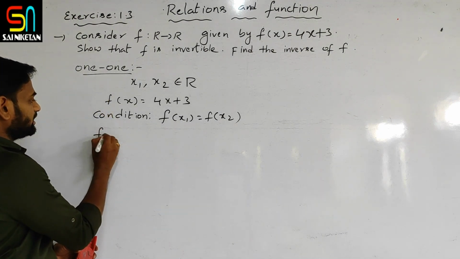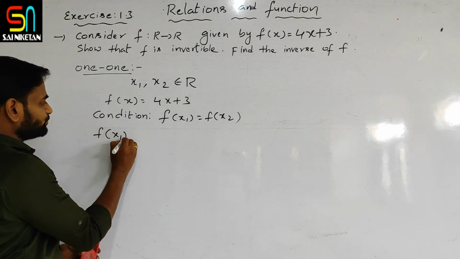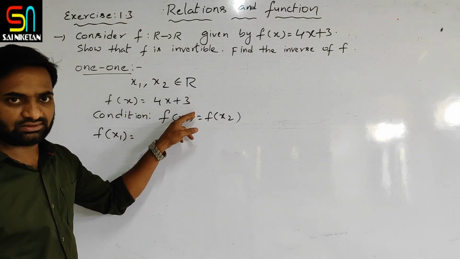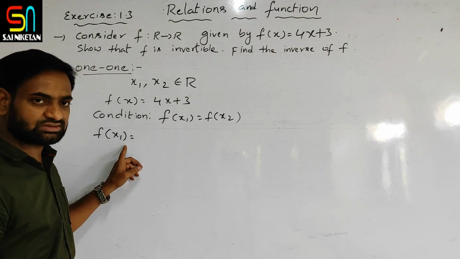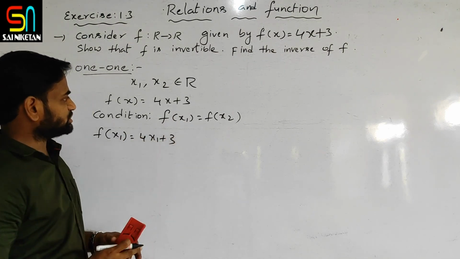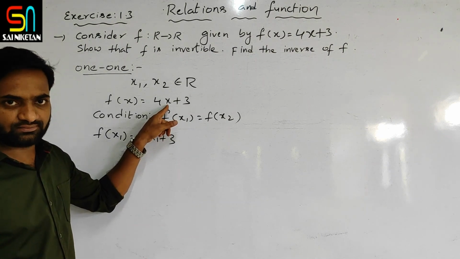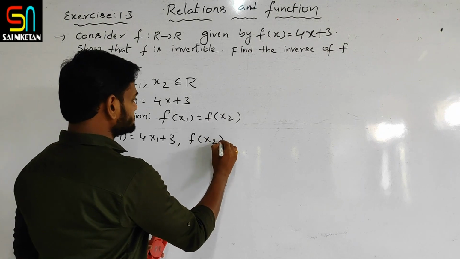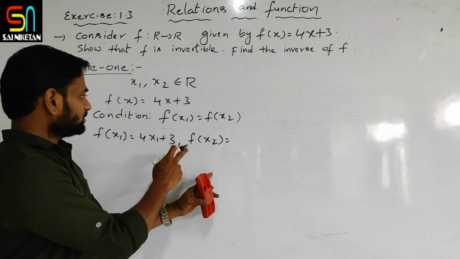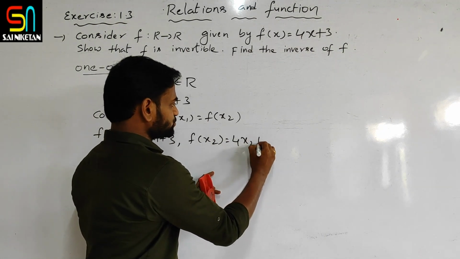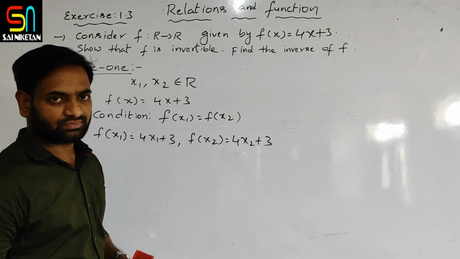So I am writing here f of x1. The function f of x is 4x plus 3. Now f of x1 is 4x1 plus 3, just in place of x is x1. Now f of x2, just in place of x is x2, that is 4x2 plus 3.